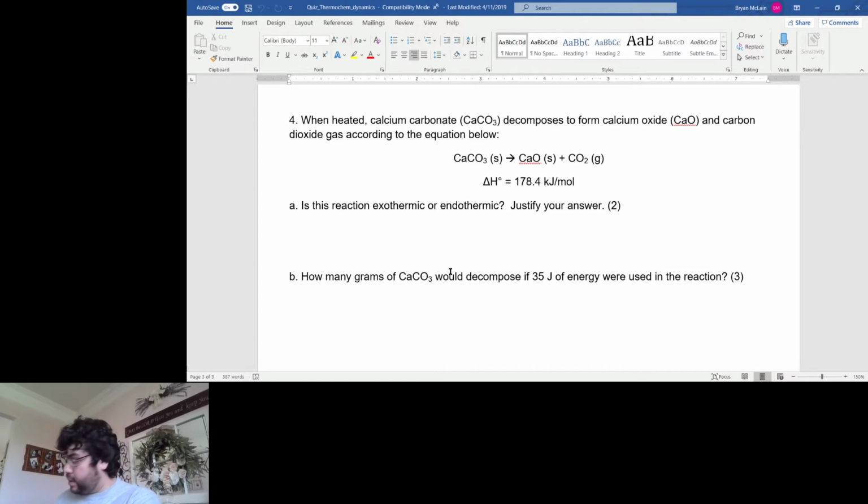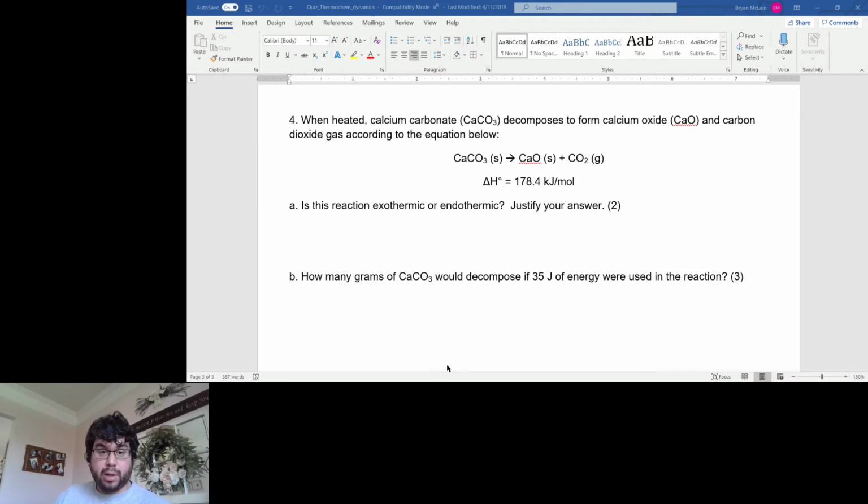They tell us the enthalpy of the reaction is 178.4 kilojoules per mole, and they're ultimately going to ask us about 35 joules of energy. The first question is, is the reaction exothermic or endothermic? Justify your answer. The reaction is endothermic.